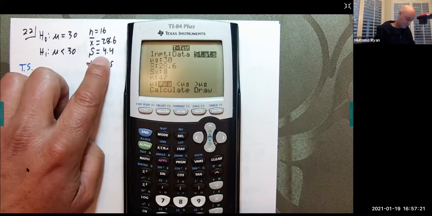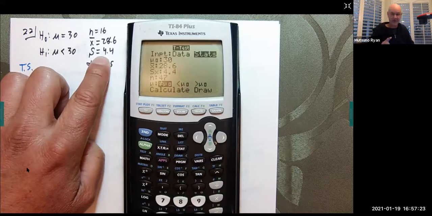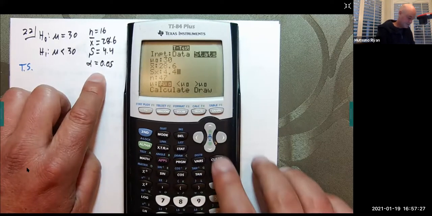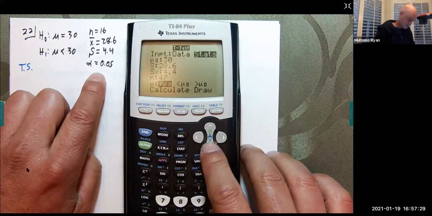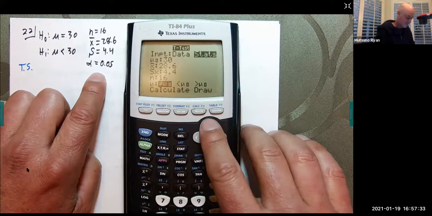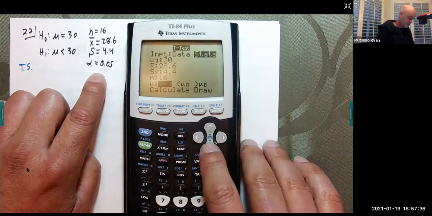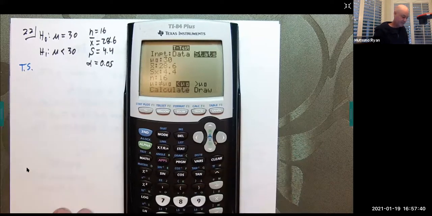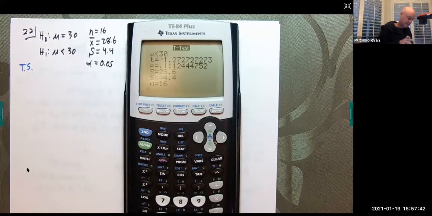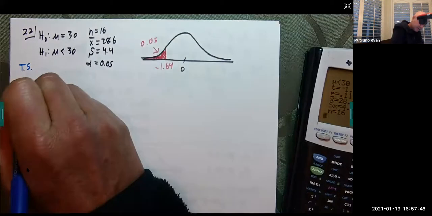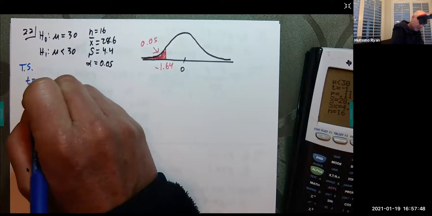Standard deviation is 4.4. This is, again, the sample standard deviation, not the population standard deviation. And n is 16. And then this one is a less than scenario. And here we go. Negative 1.27. So t in this case is negative 1.27.